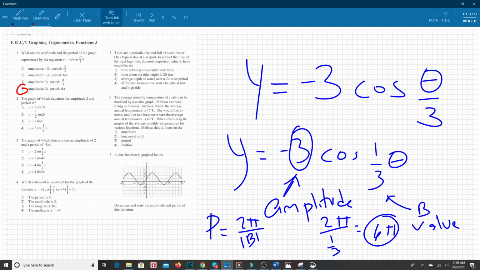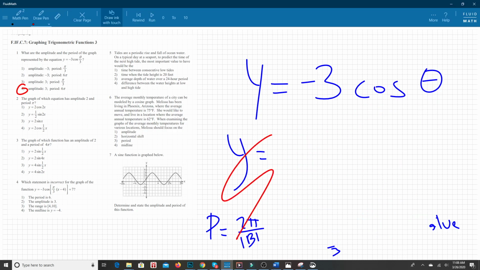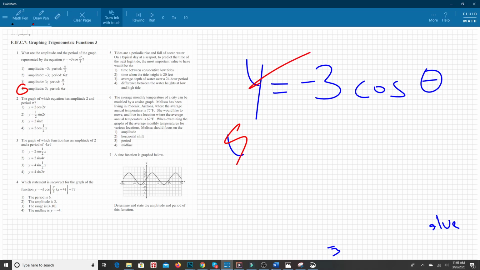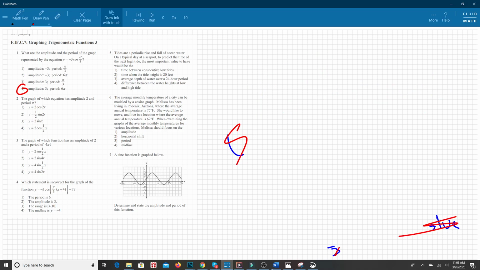Okay, so then let's go on to question 2. The graph of which equation has an amplitude 2 and period pi?